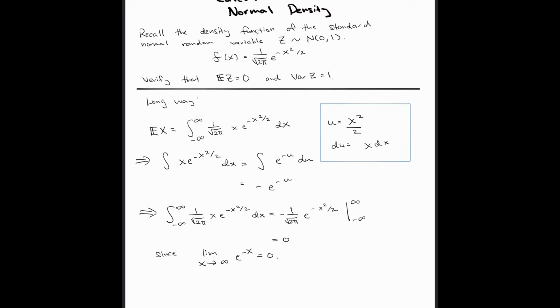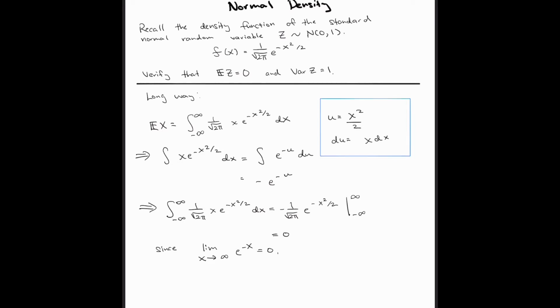So let's just find what this integral is. This is the integral of x e to the minus x squared over 2. So we ignore the 1 over square root 2 pi and ignore the integration limits. This gives us the integral of e to the minus u du from the u substitution.